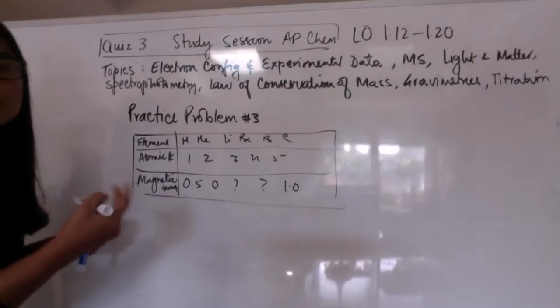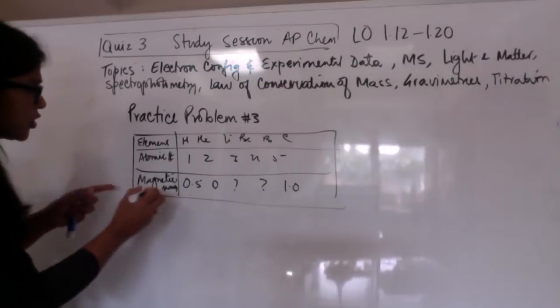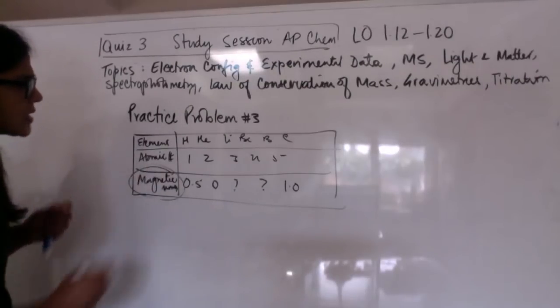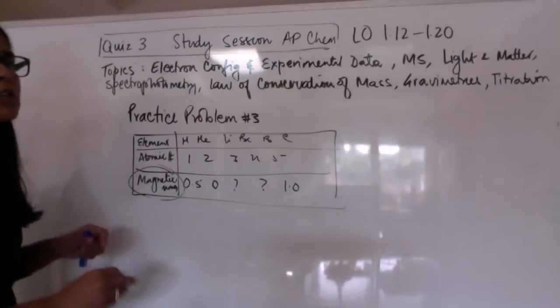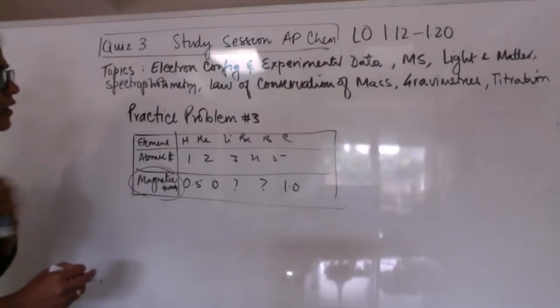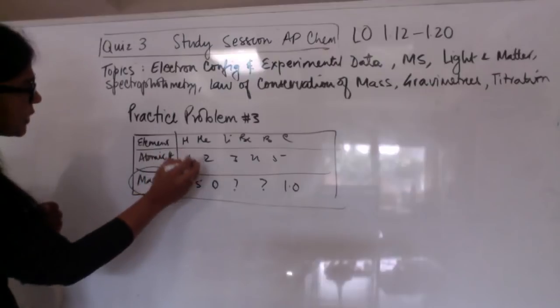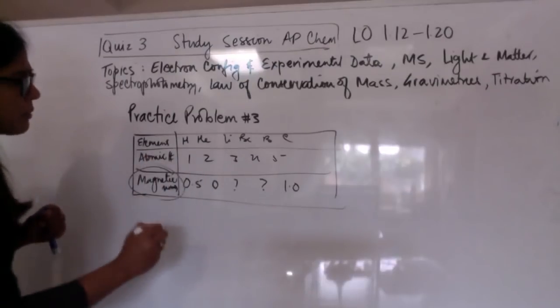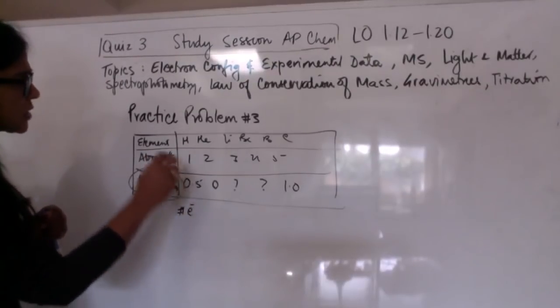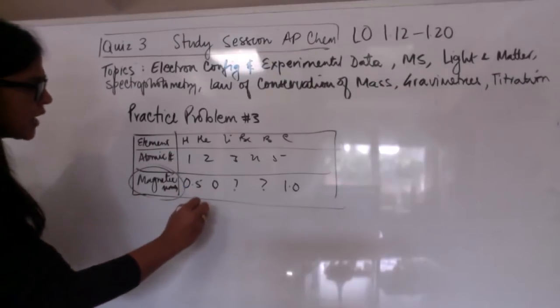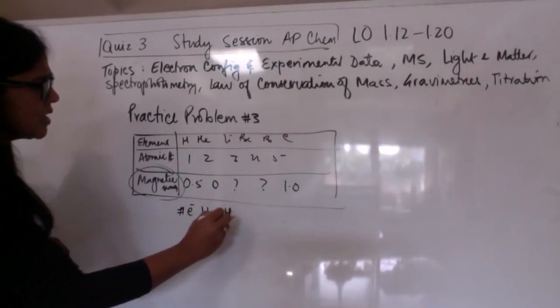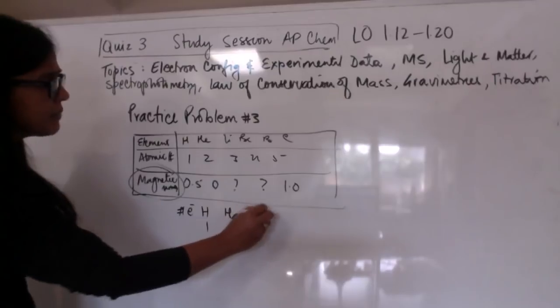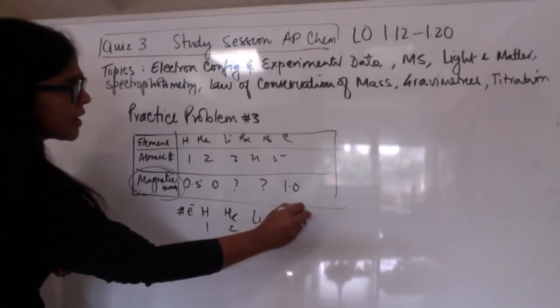Now, if this were a new problem, you wouldn't know what this means. What does this term mean? Go beyond that. Go beyond your confusion. Try and figure out patterns. So you are given atomic numbers. So you know the number of electrons, right? Which is the same as atomic number. So hydrogen has 1, helium has 2, lithium and beryllium you have to figure out.